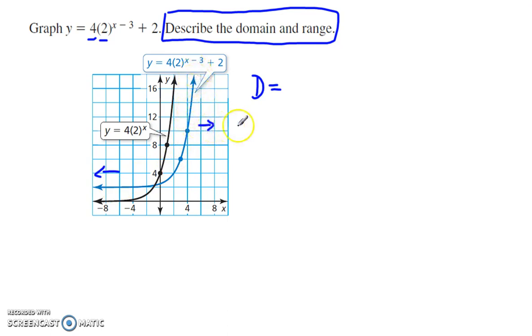Even if it's steep, it keeps going this way, so it's all real numbers. While the range, notice that it's no longer down here, it has moved up, and the line that it's getting closer to is 2. That's what we're adding to it right here. So the range is all values of y such that y is greater than 2.